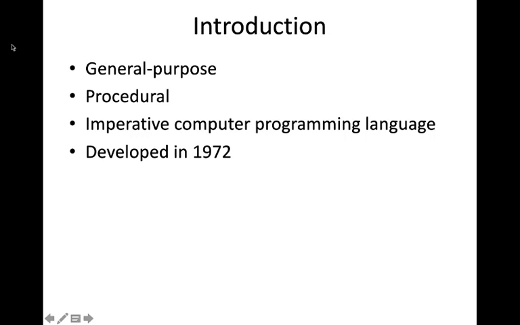For that, Dennis Ritchie and Ken Thompson developed the Unix operating system in assembly language. But then a new system came, PDP 11. So they decided to port that operating system to the PDP 11 system. And again, Unix was developed using assembly language for the PDP 11 system.